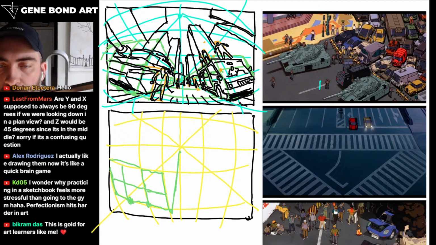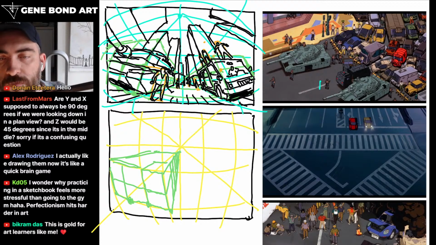Then, maybe I forget, it's 7 in length. So it will be 7 cubes deep: 1, 2, 3, 4, 5, 6. Go with a strong perspective here. Kind of this. And then let's draw a second tank here.